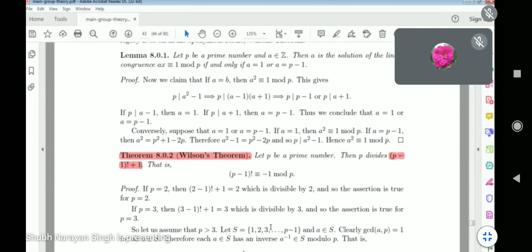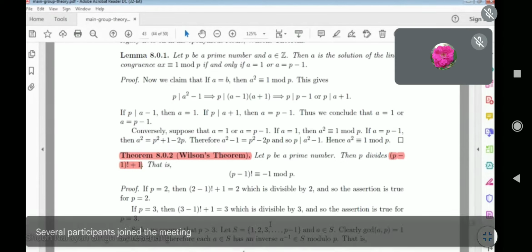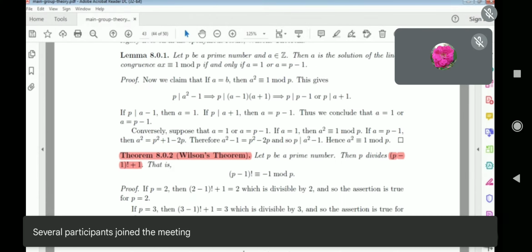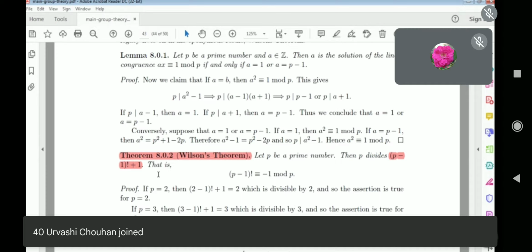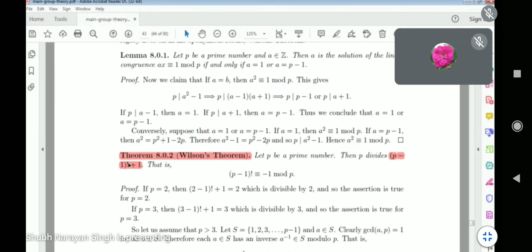And I believe all of you know the meaning of factorial. Suppose we have a positive integer n, then the product n into n minus 1 into n minus 2 into n minus 3 and so on into 3 into 2 into 1, this product we call factorial n, and we denote it by n with an exclamation symbol.